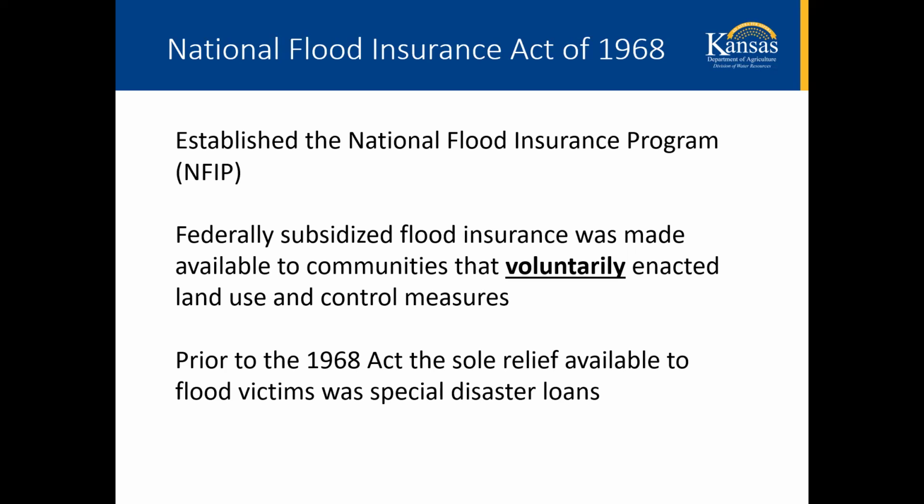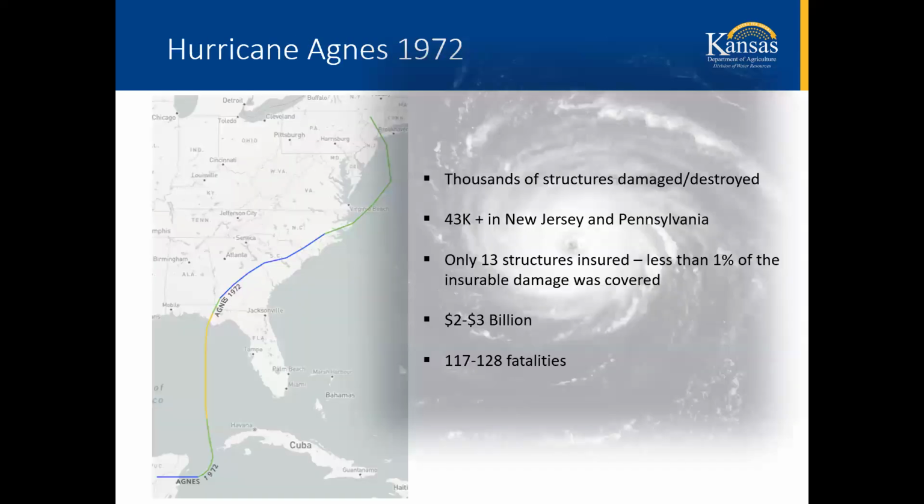And so it's in exchange for regulating your floodplain. Flood insurance is then made available. And so prior to 1968 and the establishment of the NFIP, the only relief that people were able to get was special disaster loans. And that was not sustainable. And the result of these disasters and flooding was a large expense to the federal government.